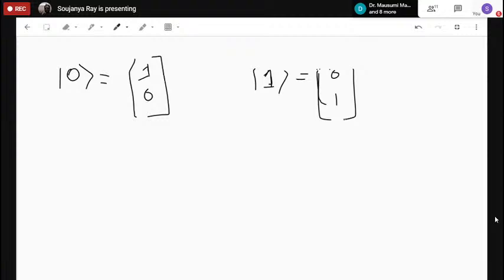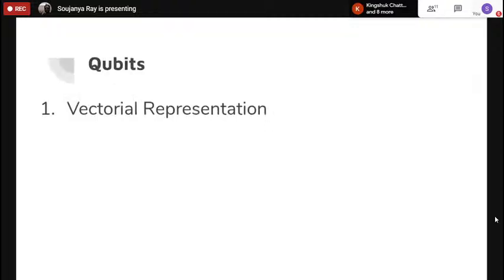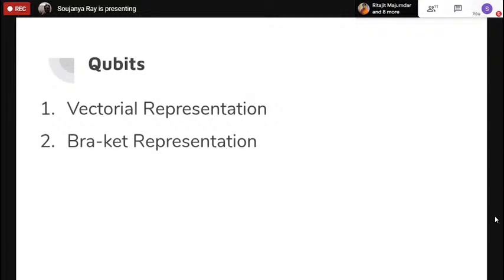And the thing that I said, that they can be 0 and 1 at the same time, is by superposition, and we will see that in upcoming slides. So, okay, then we have the bracket representation. Now, this bracket representation was invented by Paul Dirac, and yesterday was his birthday, and he was one of the founding fathers of quantum mechanics. So we will see what bracket representation is.